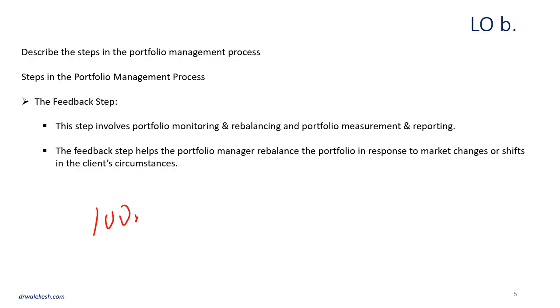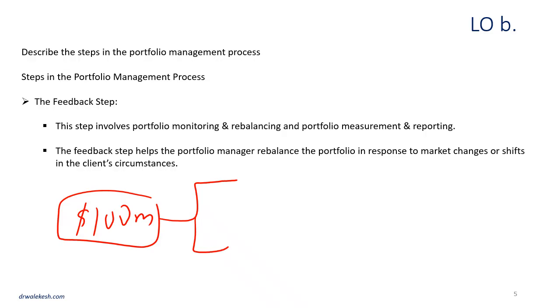Imagine a client invested 100 million US dollars in your fund. 70% of it was invested in equity and 30% of the fund was in fixed income.